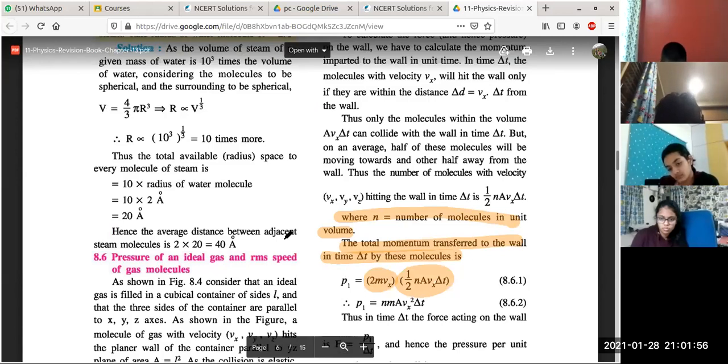So write this, all that is highlighted. It is sort of like the average. A is the cross-section area of the wall.